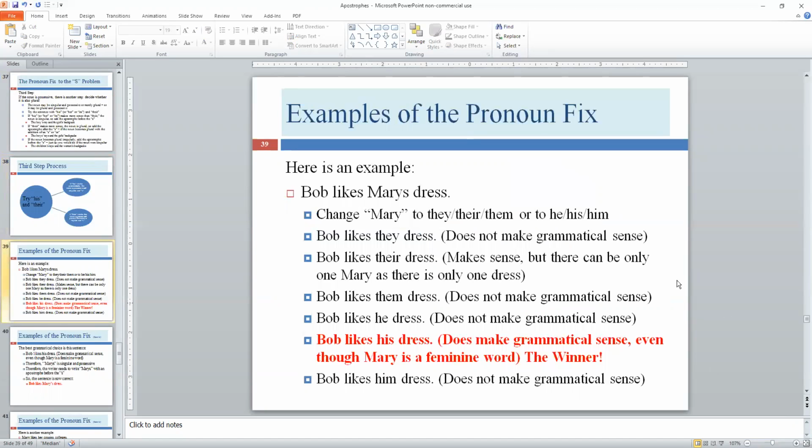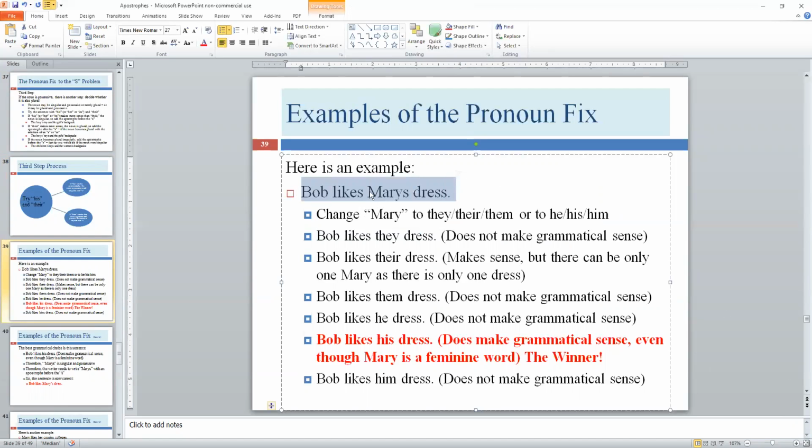So let's use some examples. We have our sentence, Bob likes Mary's dress. What we're trying to decide is whether Mary's is in genitive case or if it's just simply plural. One mechanism is to change Mary to each one of these forms and see which one makes sense.